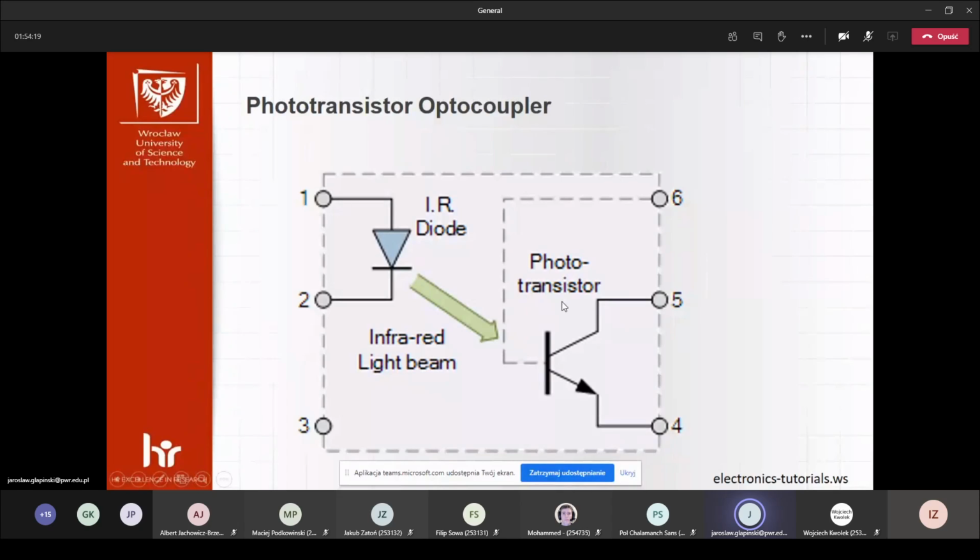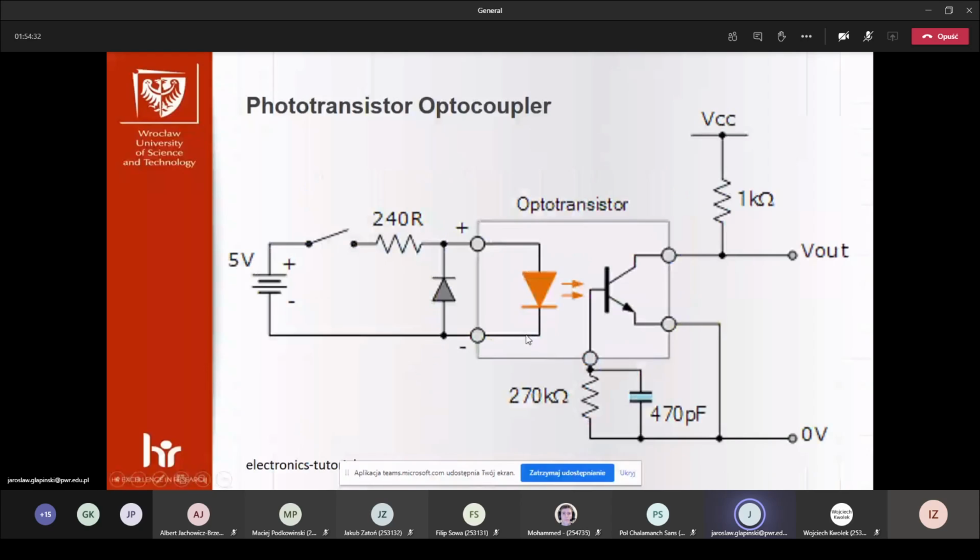So why do we use such an element? The light starts lighting, and the sensor, the phototransistor, senses that we've got the signal. This is used for electrical separation of different circuits, because, for example, we have high voltages here and we don't want high voltages on this side.